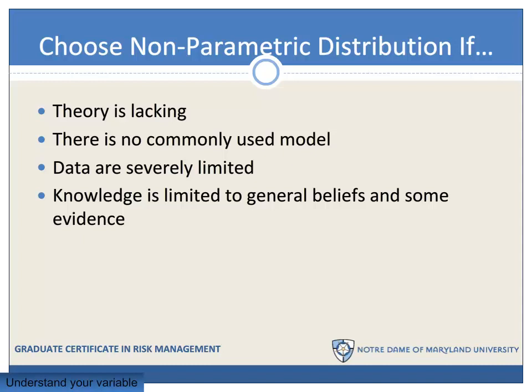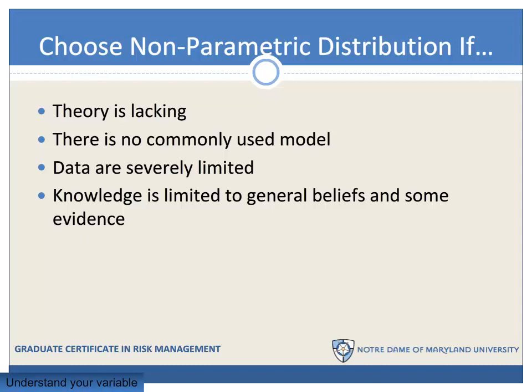If you have severely limited data, I just gave you an example a few slides ago, trying to estimate the number of students that would be in the incoming freshman class. In that case, my data would be severely limited. What we have from the past may no longer be relevant, and so I'm able to estimate a minimum, a maximum, and maybe I can make a guess at which value between those two is most likely.